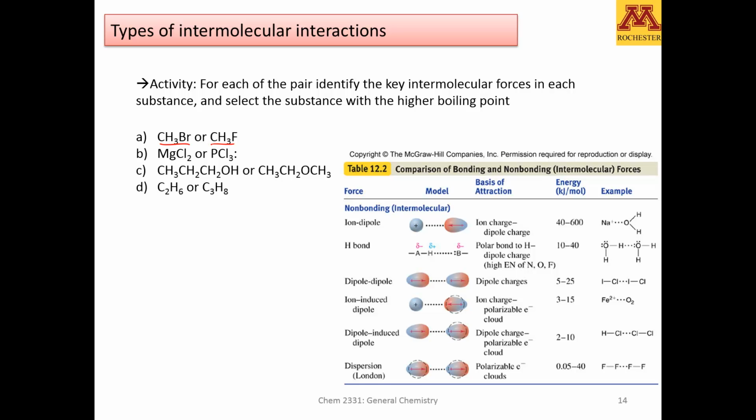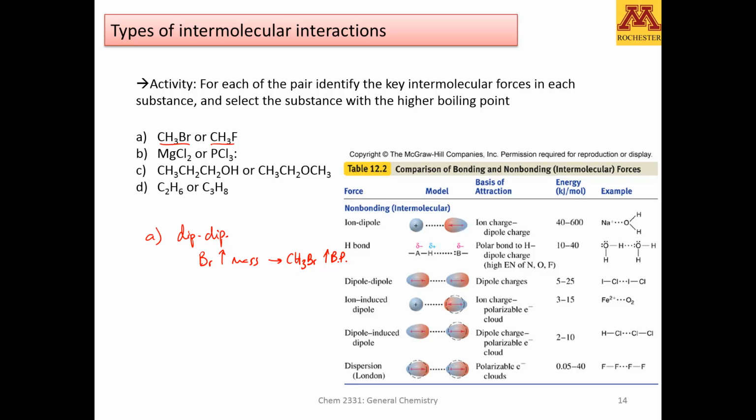Both of them will have a dipole-dipole interaction. But if both of them have dipole-dipole interaction, you're going to go with the major distinction. In this case, the bromine has a higher mass, therefore the CH3Br will have a higher boiling point.